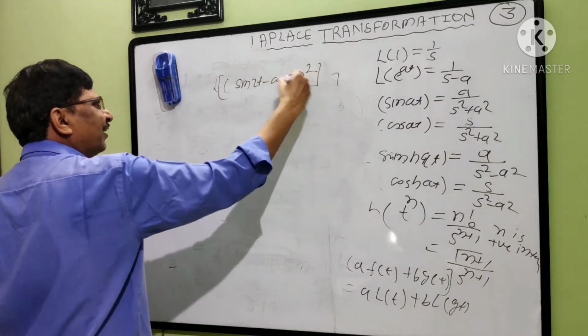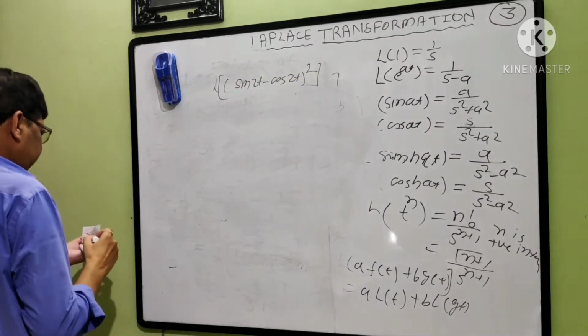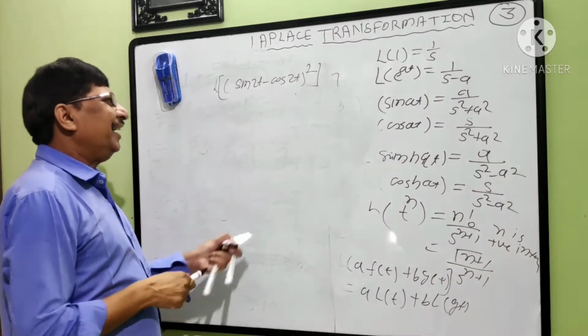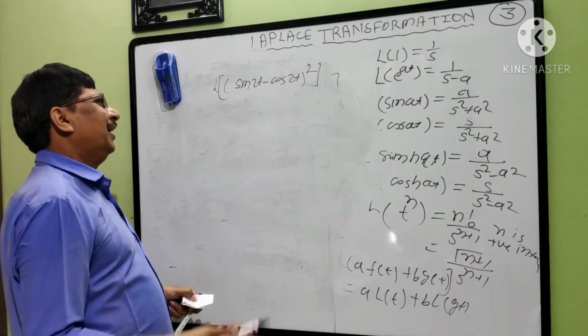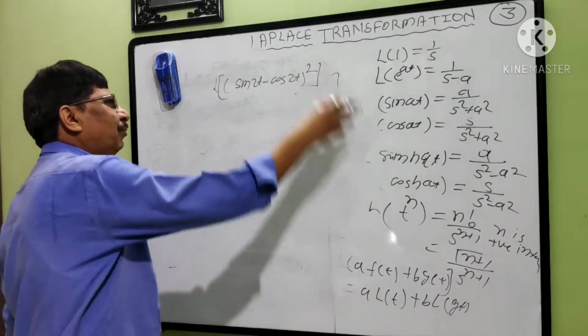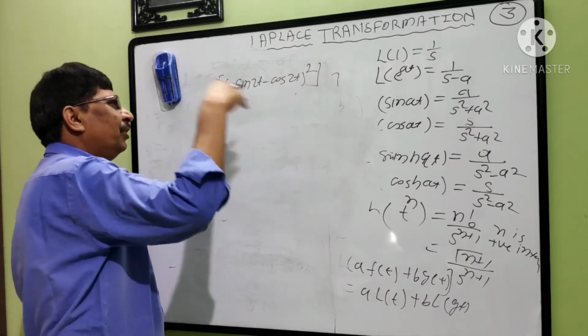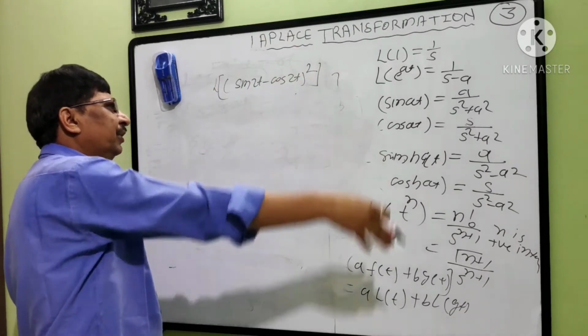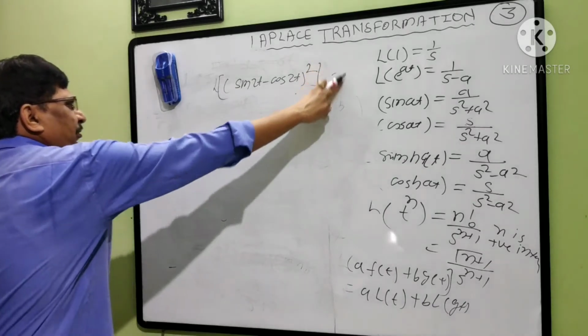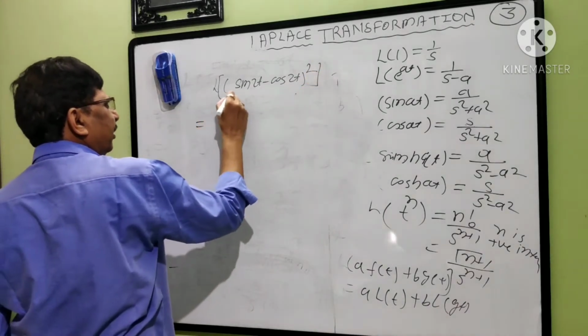You have to find the Laplace transformation of this. Again I am repeating that we know only this much formulae, and with the help of these formulae only we have to solve all the problems given in your book. Some rules are there, I will explain later, but now you have to convert this function into a simple function.